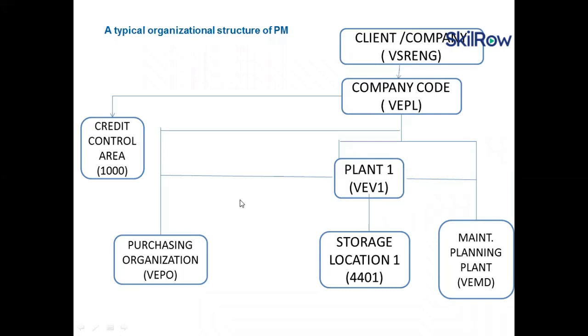If they purchase finished goods, it becomes a trading company. If it is a manufacturing company, they will only purchase raw material, semi-finished goods, maintenance spares and production supporting materials like chemicals and solvents. You understand?